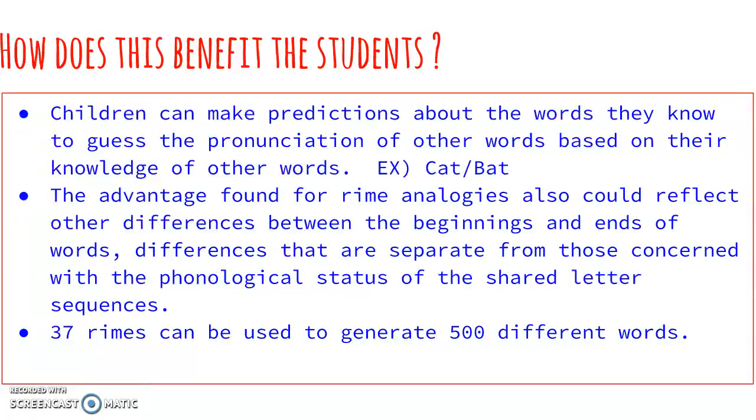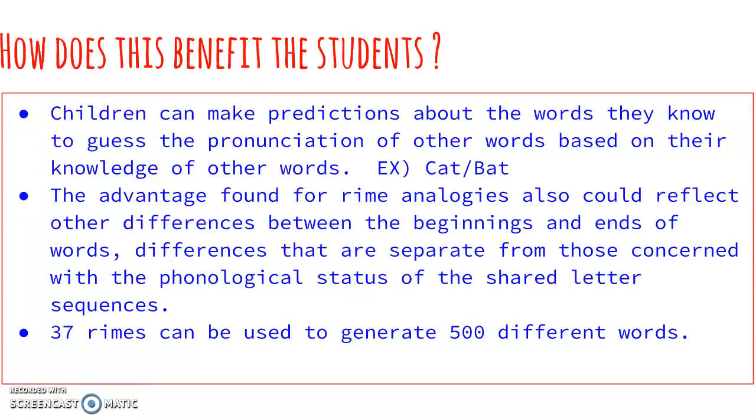The advantage for rhyme analogies could also reflect other differences between the beginnings and ends of words. Differences that separate from those are concerned with the phonological status of the shared sequence. Letter sequences at the end of words may be more consistent in their pronunciation than at the beginning of words.